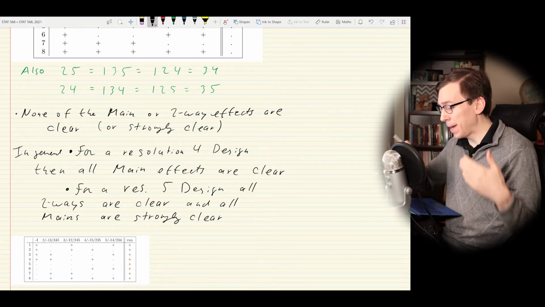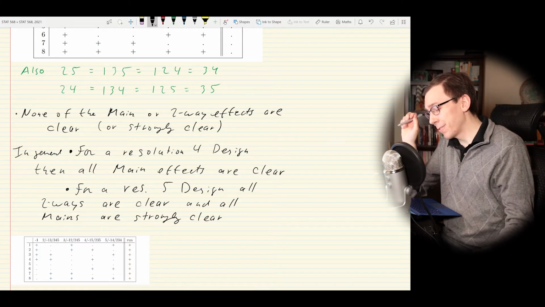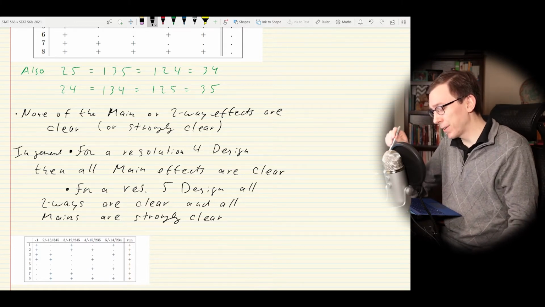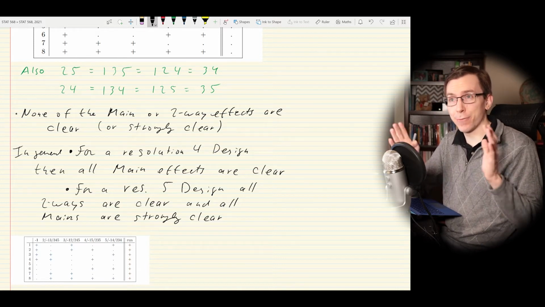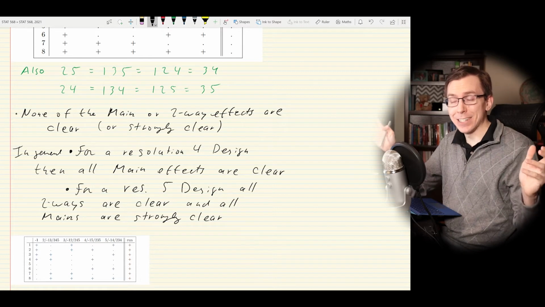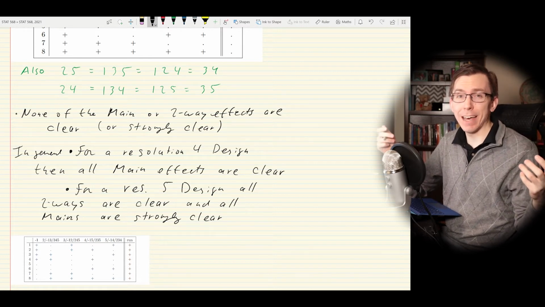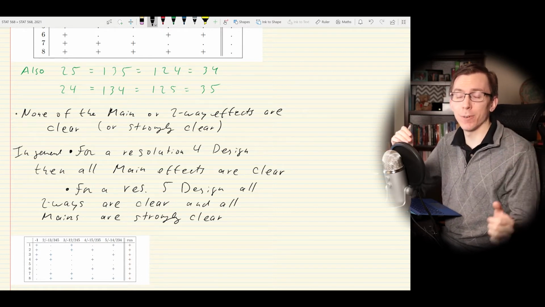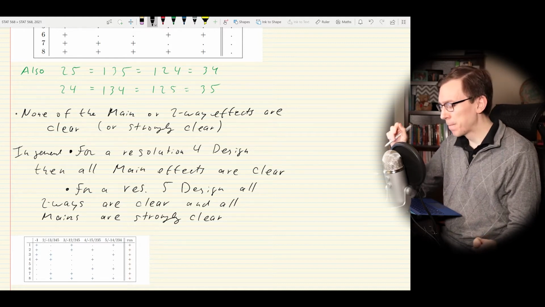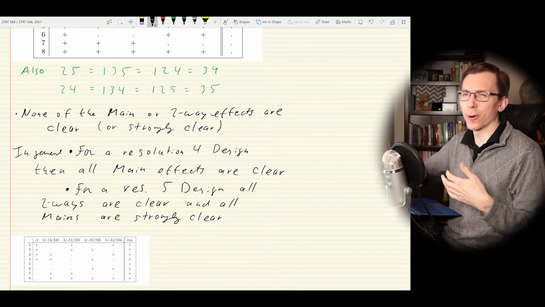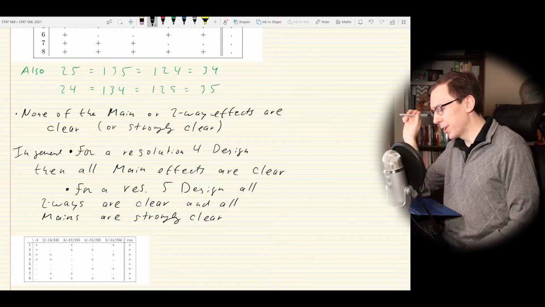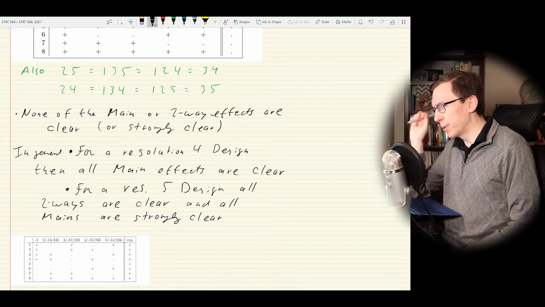And even a better case would be a resolution 5 design, because that means all of your main effects are now aliased with effects that are either 4-way or higher. So then you really have strong evidence that if you get significance in one of those rows of your ANOVA table, the main effect is where the significance is coming from and not a 4 or higher way interaction. So those are good things to be aware of.